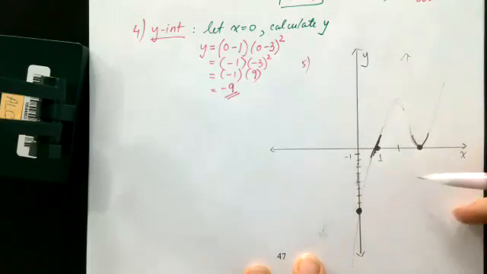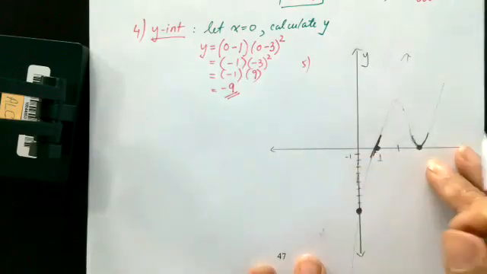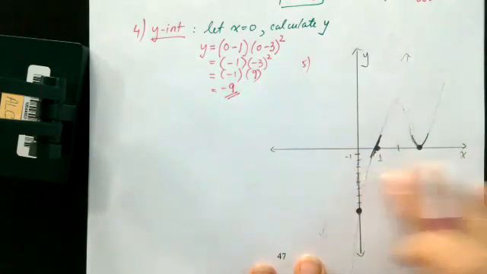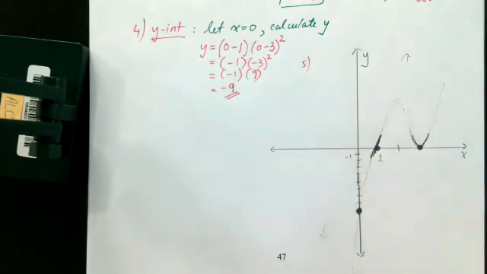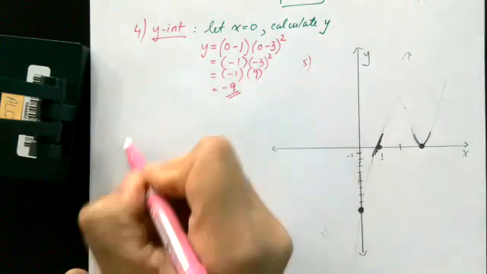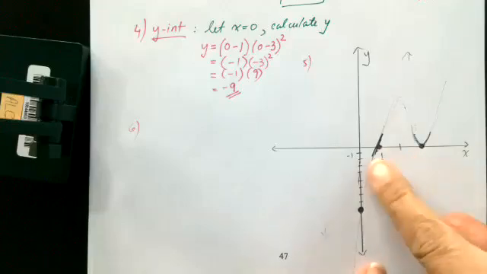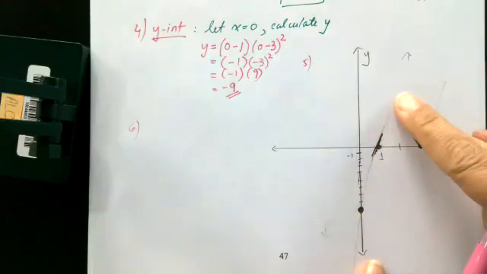So I don't have any extra x-intercepts, so you don't want to include other crosses of the x-axis or other touchings of the x-axis. That's it, the ones you found. Now we have extra steps there. The extra step number 6 is to get some extra points to complete your graph, to support your work. Like notice how here when I said I'm going to go up high here, I don't know how high.